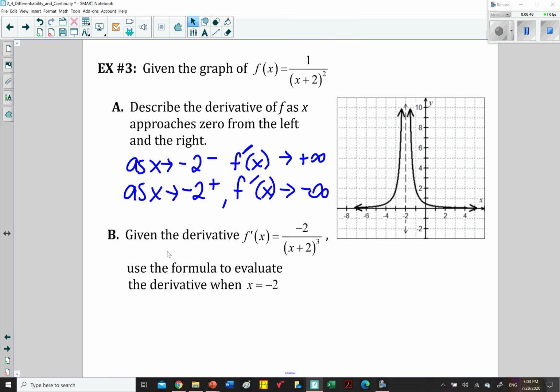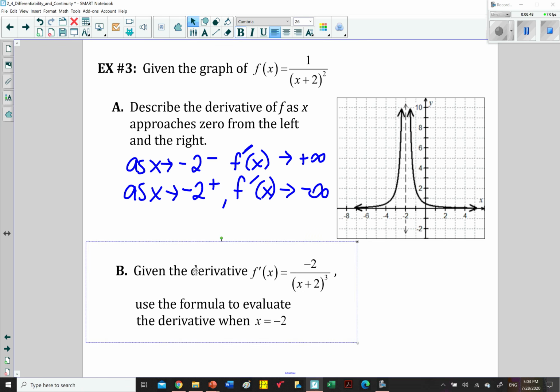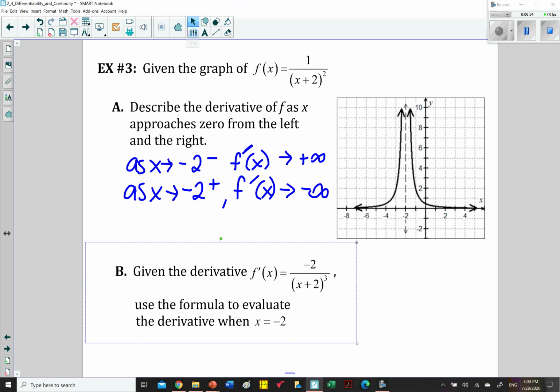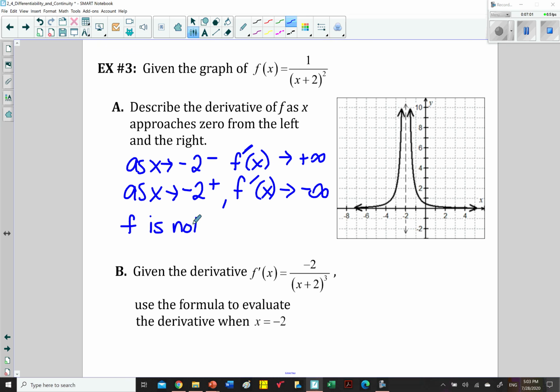In part B, given the derivative is this expression, use the formula to evaluate the derivative at x equals negative 2.